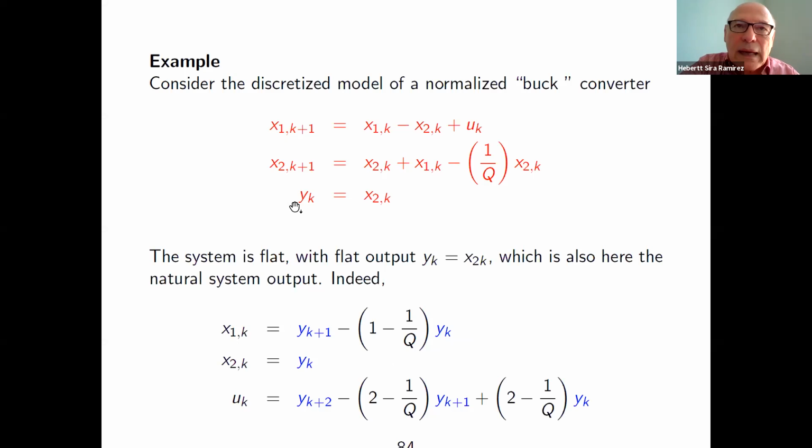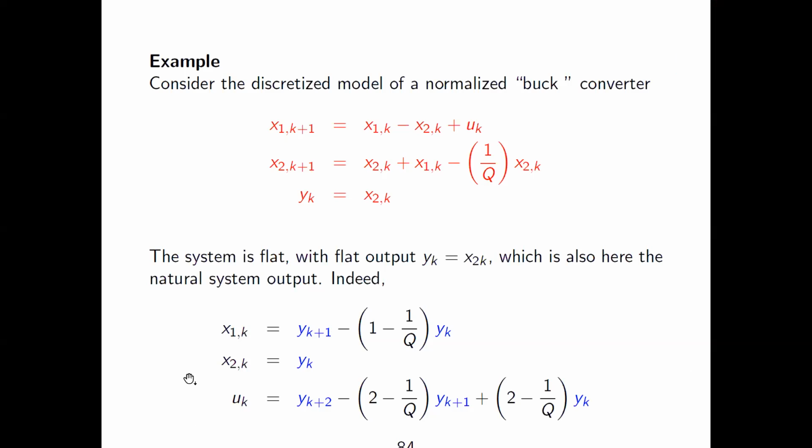It's not always the case that the actual output of the system qualifies as a flat output. As we will see in many examples, sometimes you have to compute what the flat output has to be in order to obtain this parameterization of the state and the corresponding parameterization of the input. So here you have this invertibility.